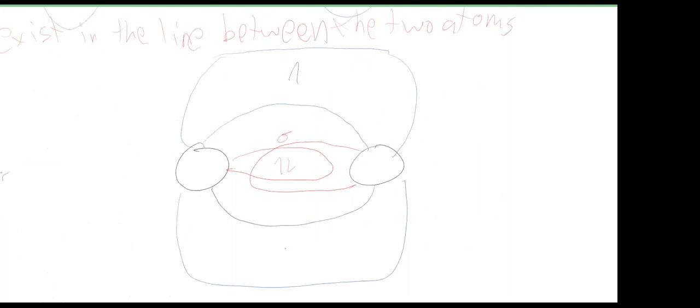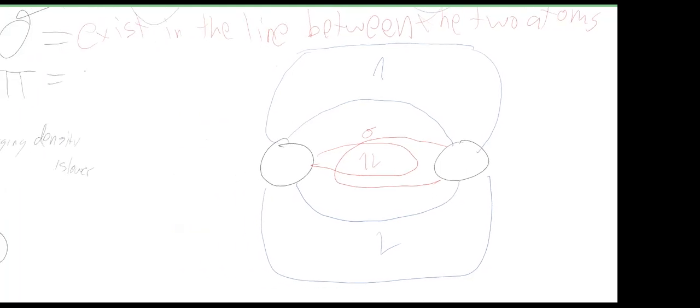Our electrons are being shared between those two atoms, but they're being shared outside of that direct line between them. And so that's our pi bond. The majority of the bond exists outside of the line between the atoms.